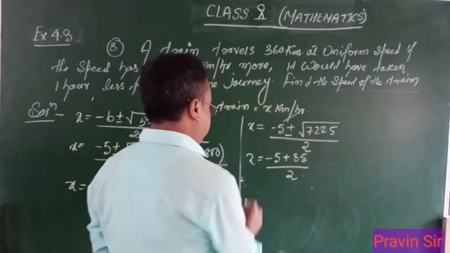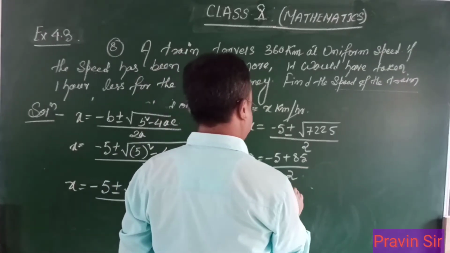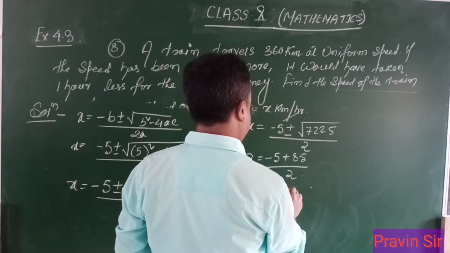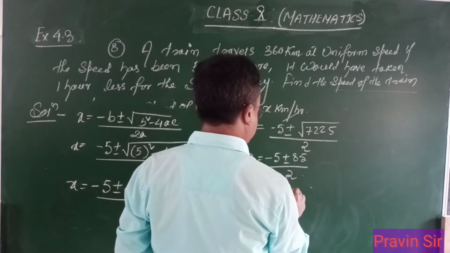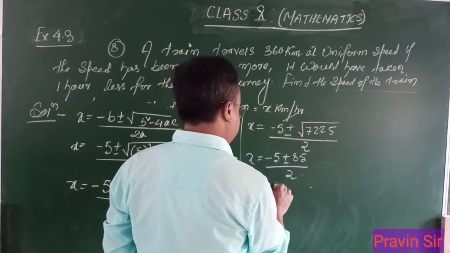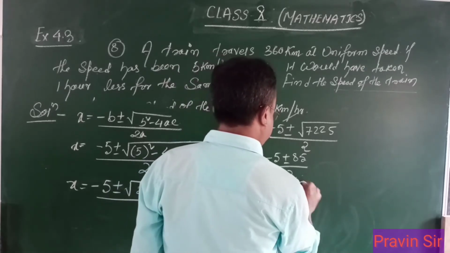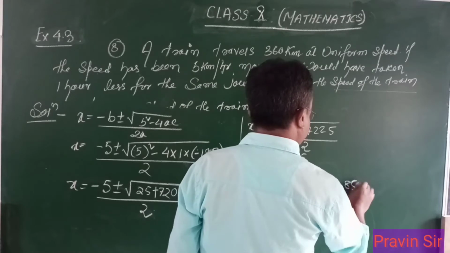Okay. Now x will be minus 5 plus 85 by 2, and another one is minus 5 minus 85 by 2.